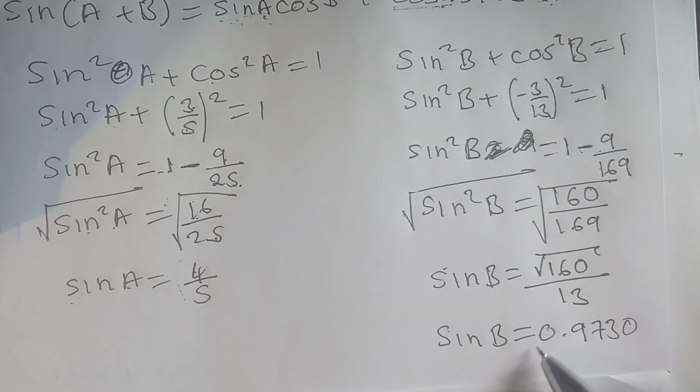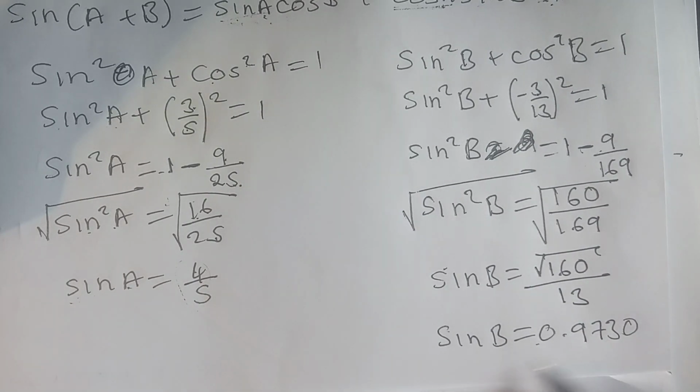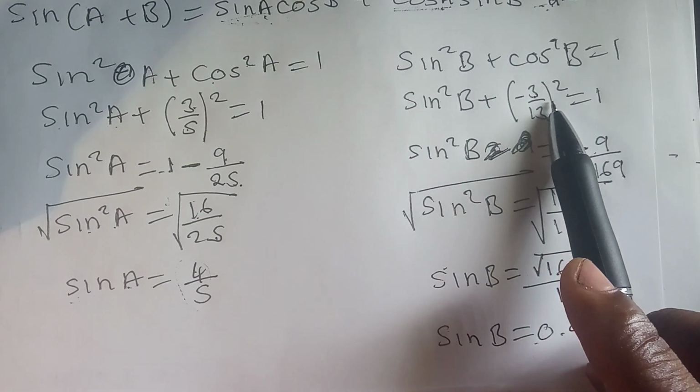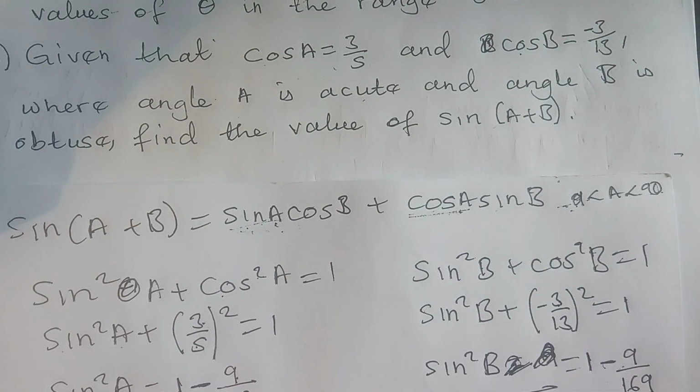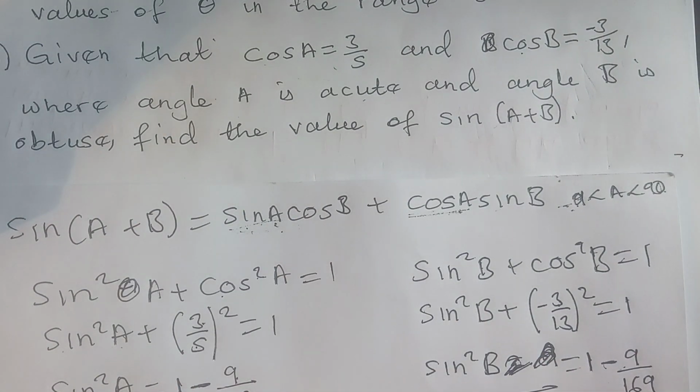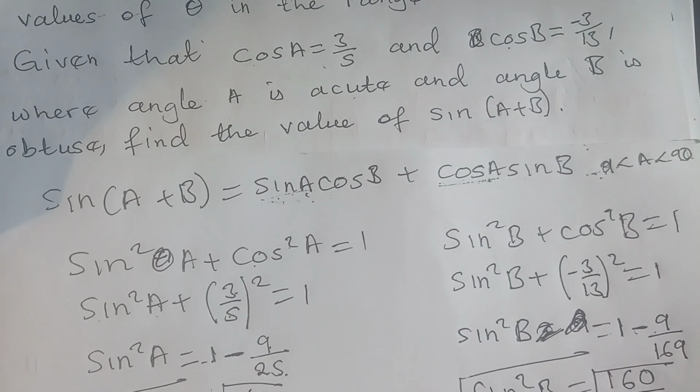By the way, I took it as a positive number because I know that B is obtuse, so it is in the second quadrant where sine is positive.